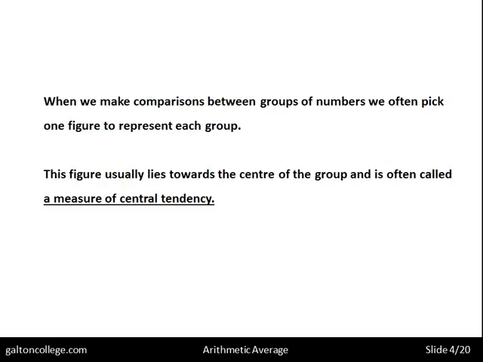It balances the group. If we took a class of 50 students and we weighed them, and then we take an average, then half the group should be heavier, half the group should be lighter. So in a sense we've gone towards the middle. That's what averages do.